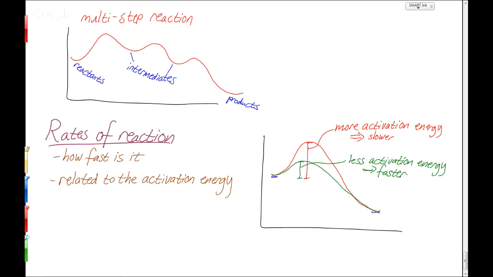So the activation energy controls the rate, and that's sometimes not totally intuitive, because if you think of a reaction like burning fuel, burning gas, we think of that as being a fast reaction. You light it up and it burns. But if it's happening on its own without that activation energy, it's actually kind of slow, because that stuff just sits in the ground and doesn't do anything for a really, really long time. So reactions with high activation energy, we can't judge slower or faster based on our experience of how long it takes. We have to think about the activation energy and think about how much energy it takes.